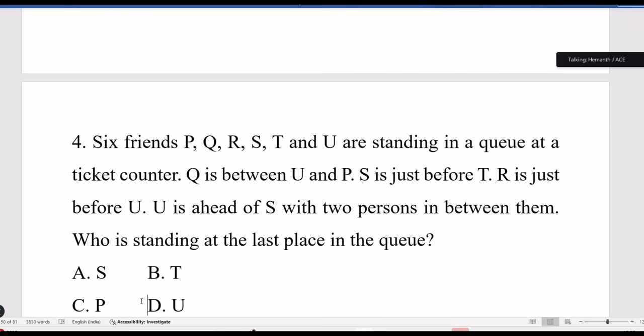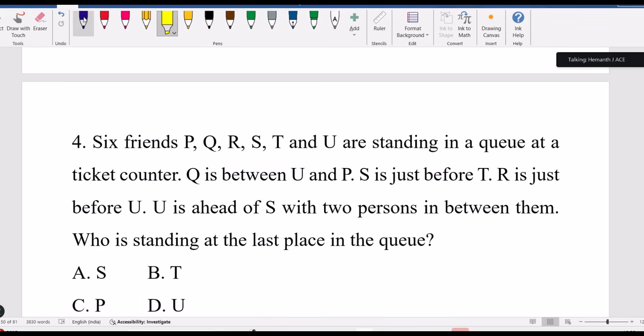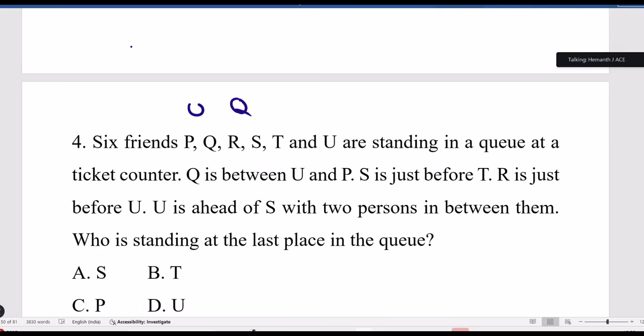Behind, ahead. Six friends are standing in a queue. Okay, Q is between U and P. There are two possibilities. Q is between U and P means it can be this or it can be this. In both cases, you have to do it.